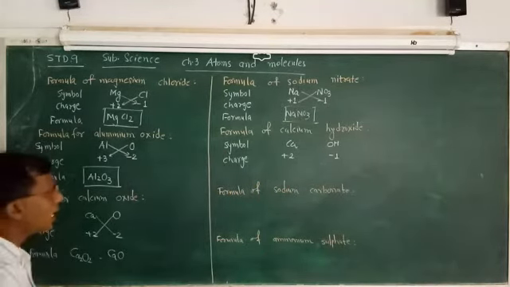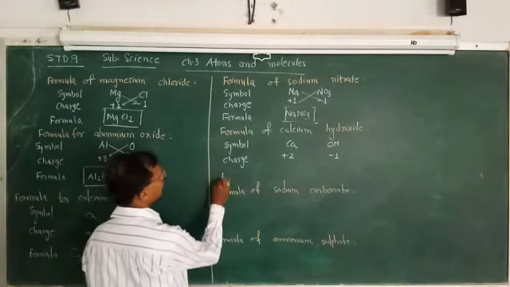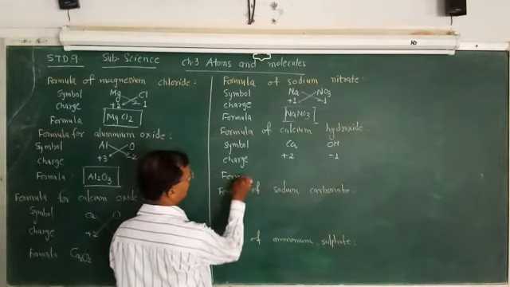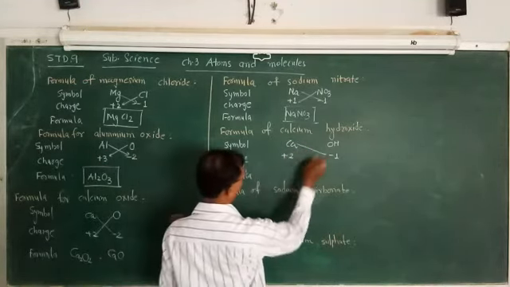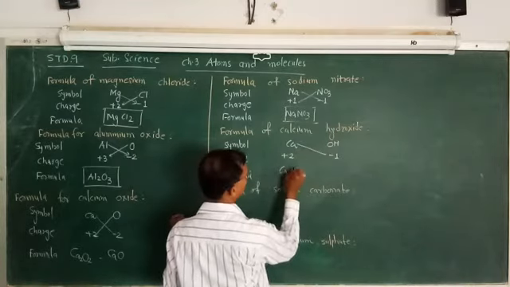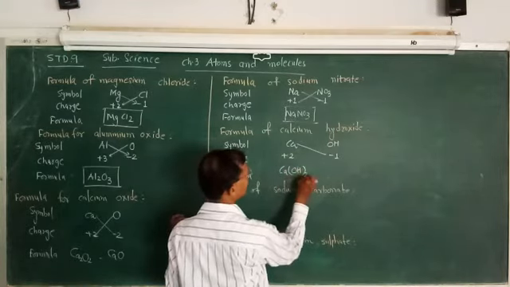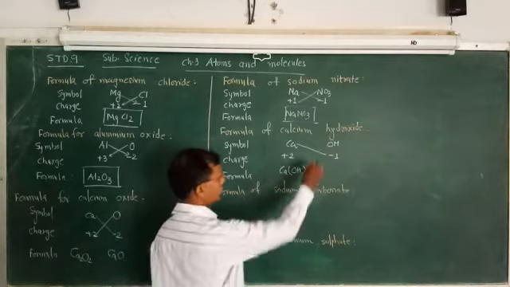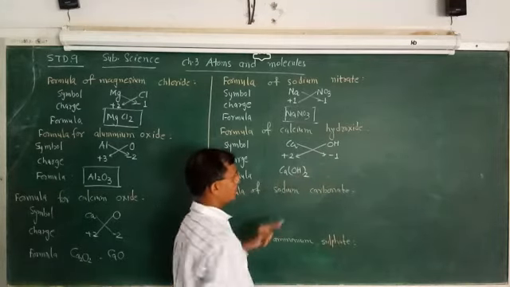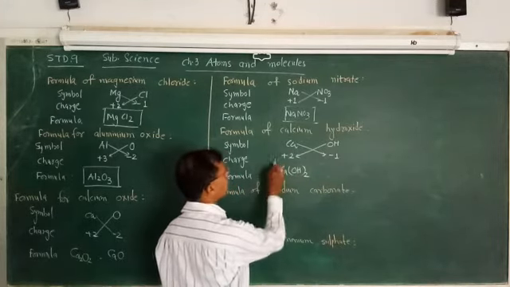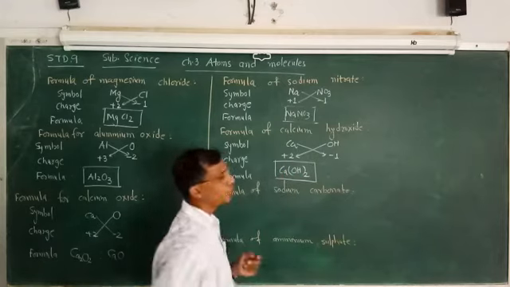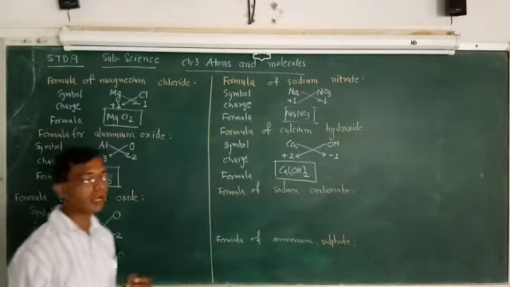Now we write here the formula: Ca(OH) twice, OH twice, calcium hydroxide.